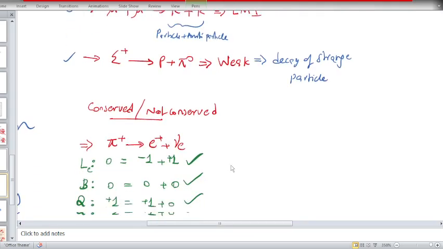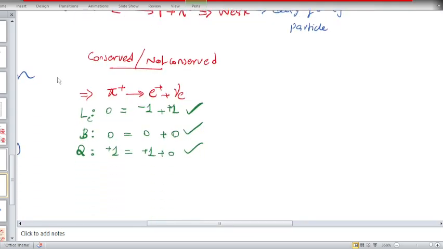So if you consider spin, that is for angular momentum conservation, then for pi it is 0. Then you have e plus, that is the antiparticle, so you can take it as minus half, and then this can be taken as half. That will make it 0. So angular momentum is conserved.